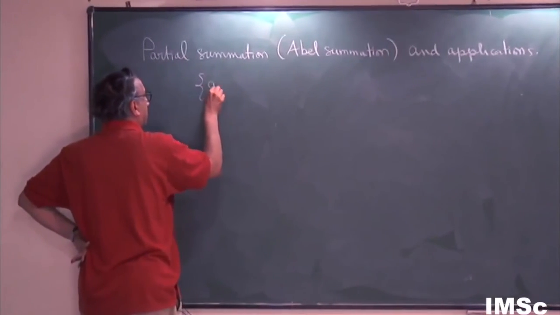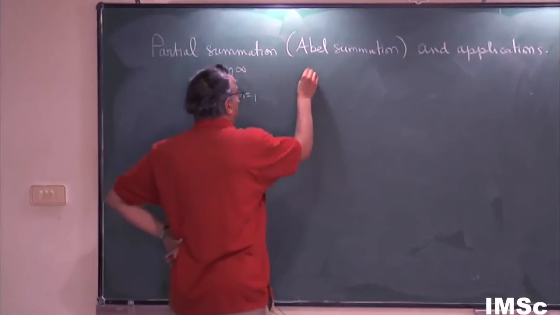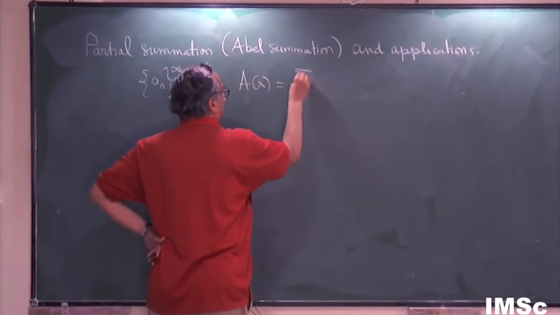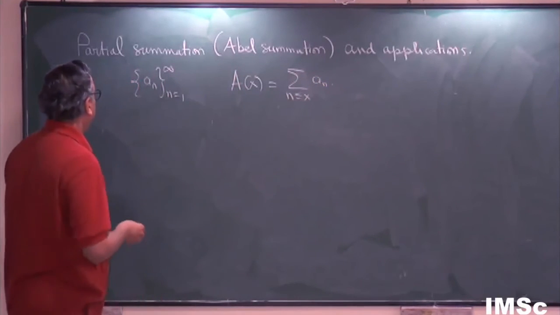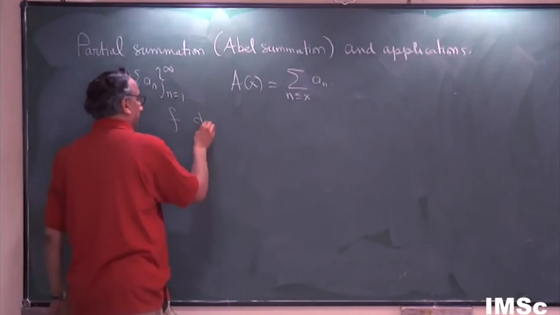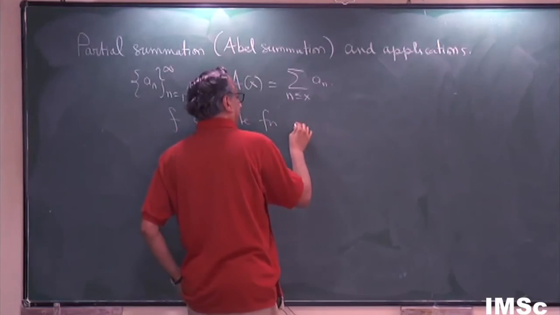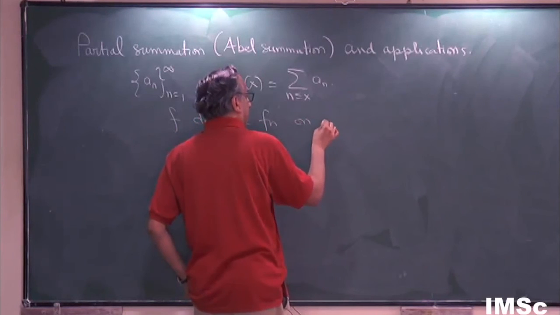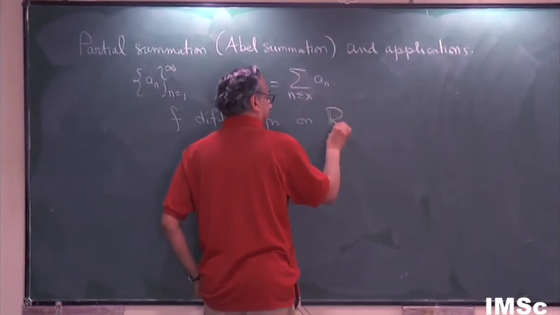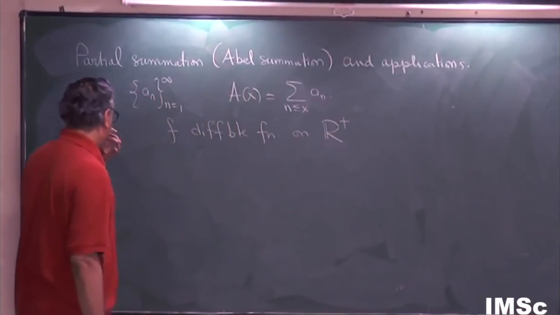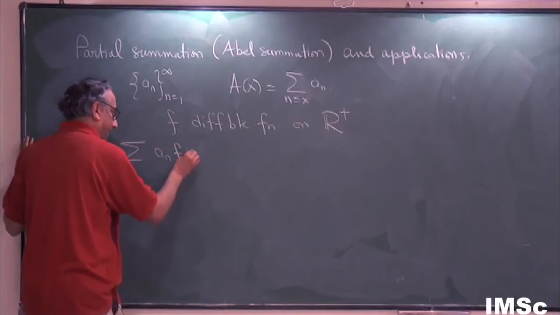So we have a sequence of numbers, a sub n. And we define capital A of x to be the sum over n less than x of a sub n. And we take a differentiable function on the positive reals, R plus, and we consider the sum a sub n f of n.